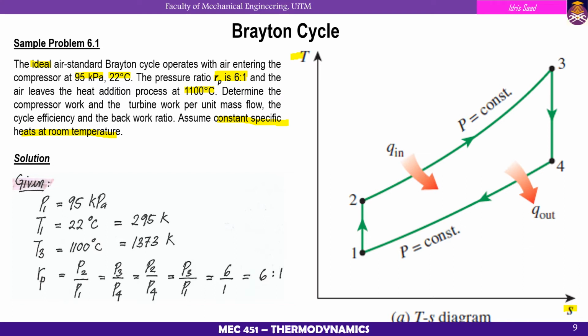Basically, state number 1 is the state where the air enters the compressor, and state 1 to state 2 is isentropic compression. This is basically the compressor work.